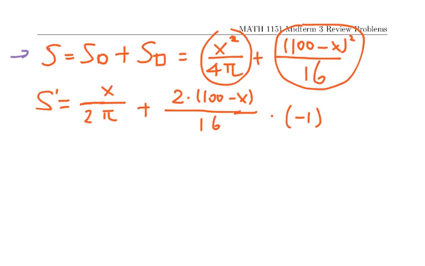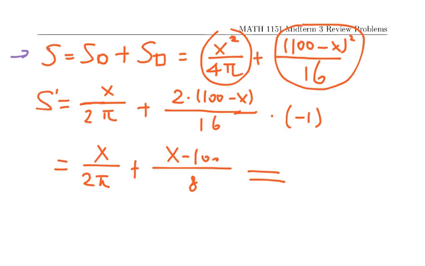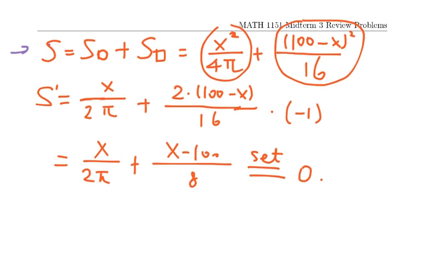And actually we can simplify it, and we will have x over 2 pi for the first term, plus (x minus 100) over 8. And we're going to set this to be 0. Okay?